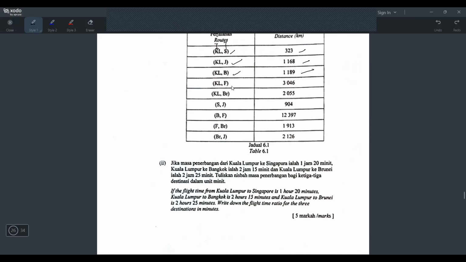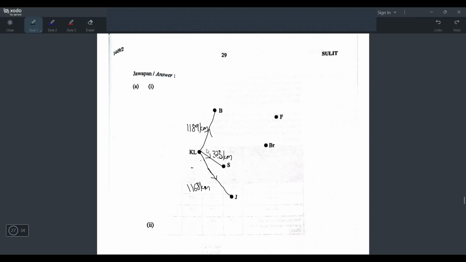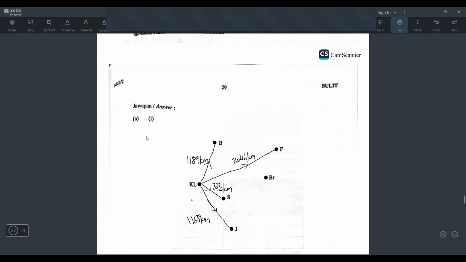Next one, KL to F, 3046, and the arrow has to point to F. 3046 kilometers. Next one is KL to Brunei, 2055.